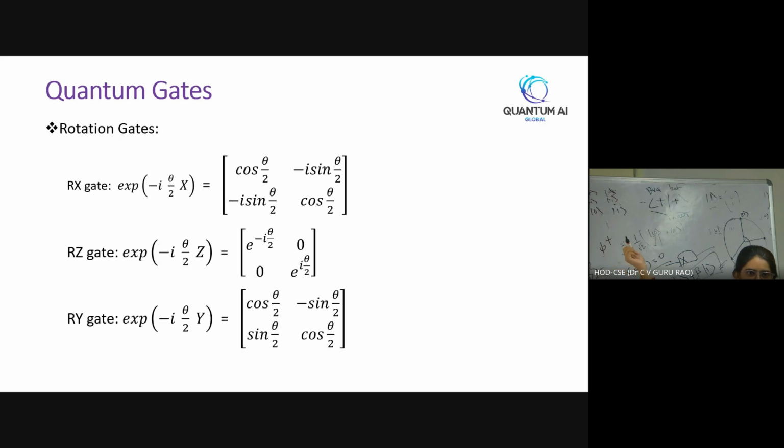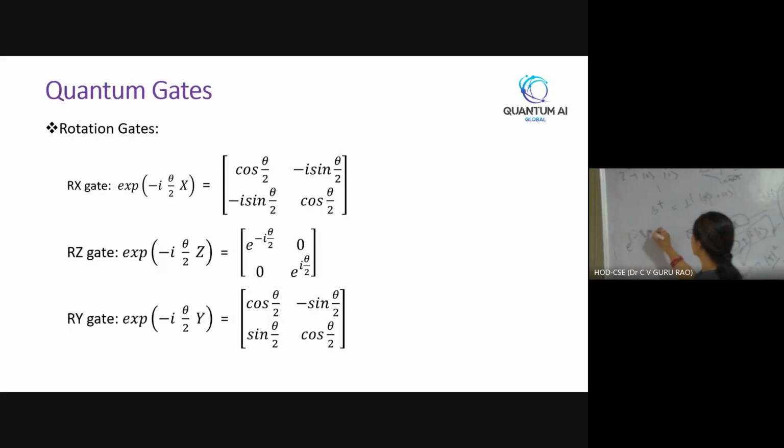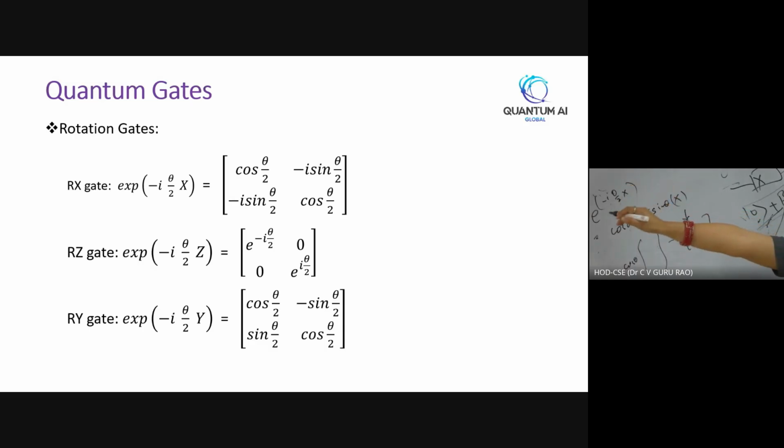Cos theta by 2 identity minus i sine theta by 2 X. So we put the X matrix over here, the identity matrix over here, and just solve this equation, and we will get that particular matrix out of it.